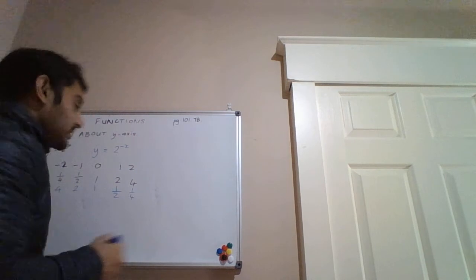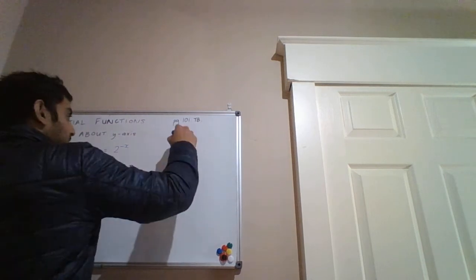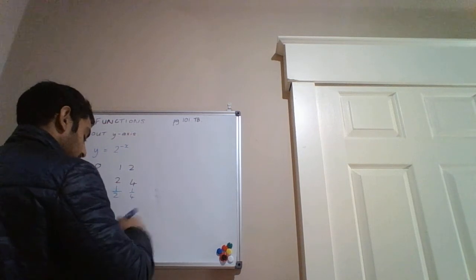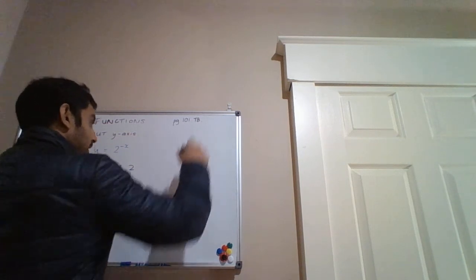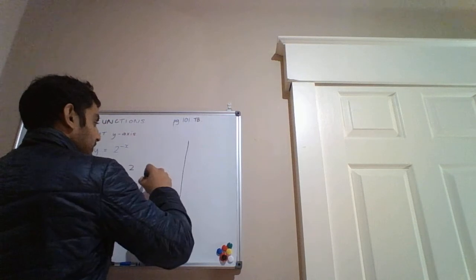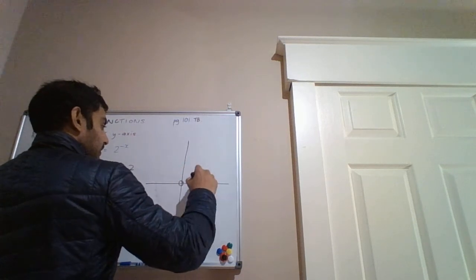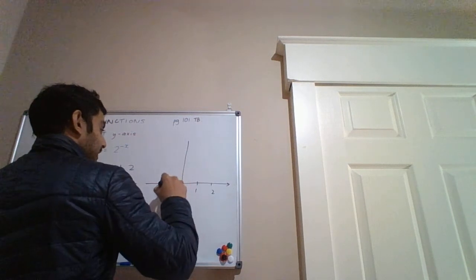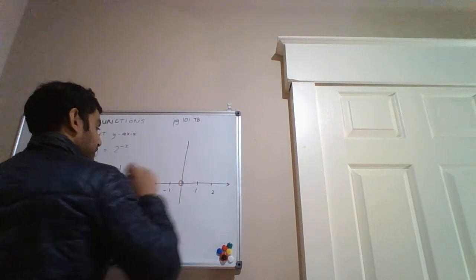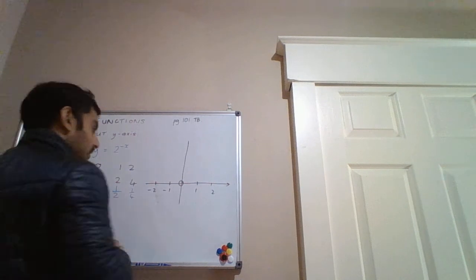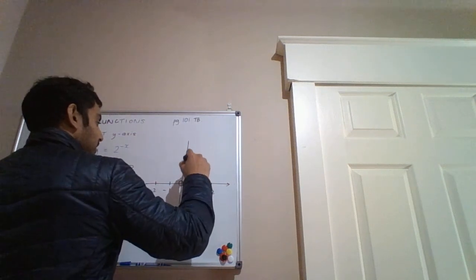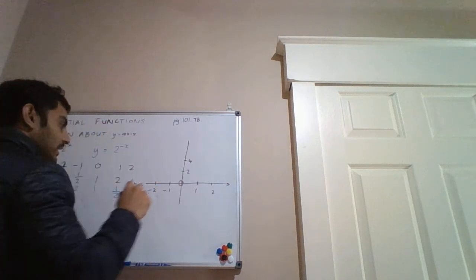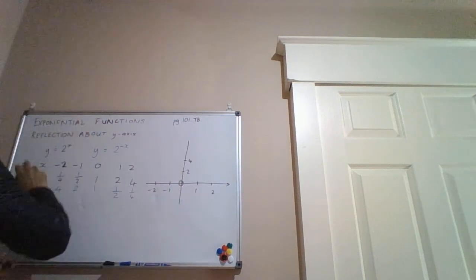So if we describe this with a pictorial graph, x values 1, 2, minus 1, minus 2. Y values 2, 4. So let's plot the first graph again.